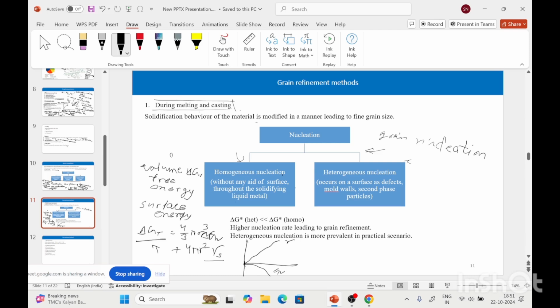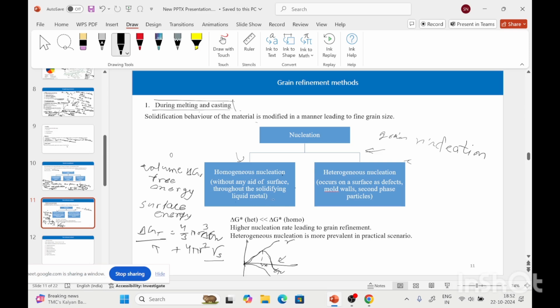The resultant curve will follow this path, meaning after a certain radius of the nucleus the energy will decrease, and as the energy decreases the nucleus will become stable. In this way the nucleation process proceeds.